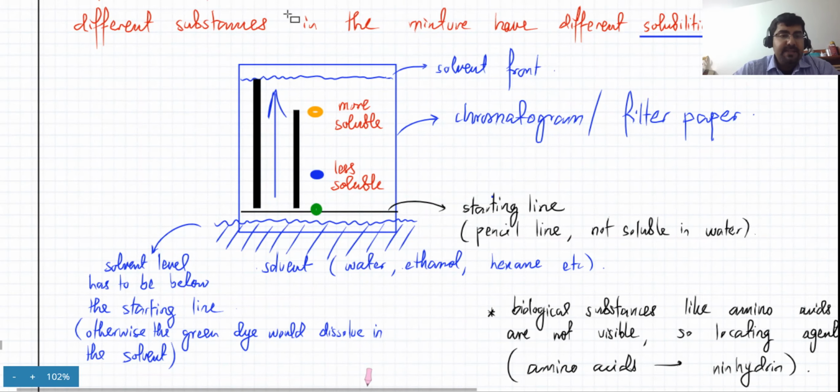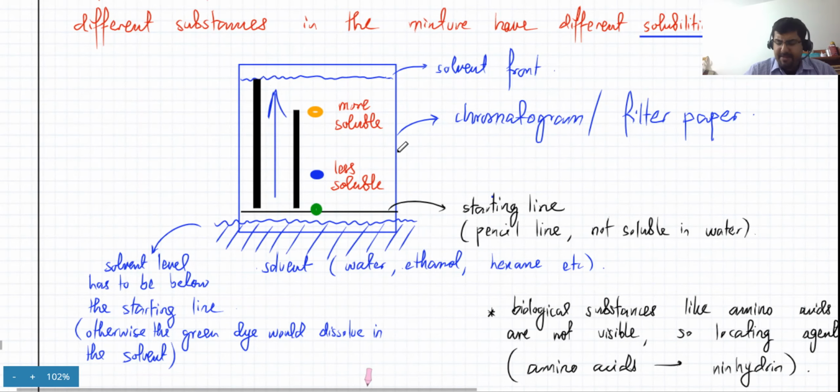So all your distances are measured from this line that you drew earlier, the pencil line, which is why it has to be in pencil, because you want it to be visible clearly. So this is the distance traveled by the orange dye, and this is the distance traveled by the solvent.